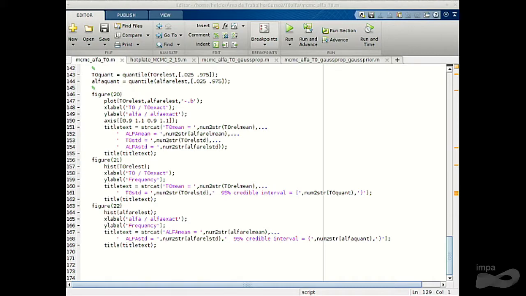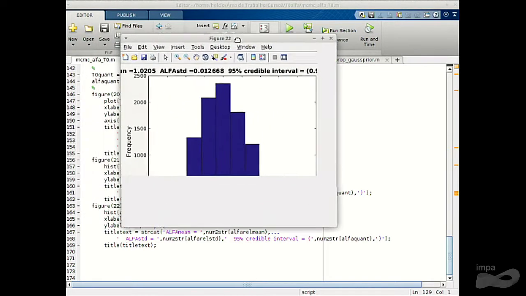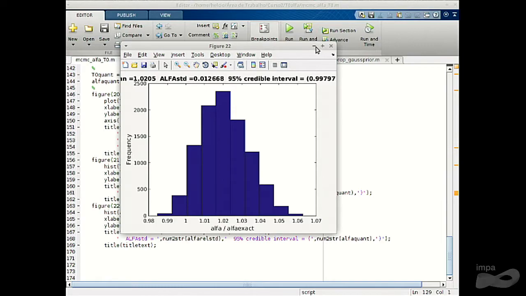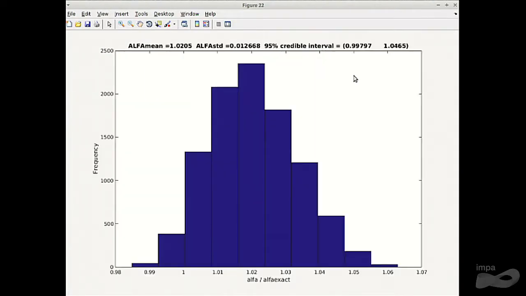All right, so this is the histogram of the samples after we drop the burning states. And we can see that we get a nice result. This is the credibility interval, the 99% credibility interval.